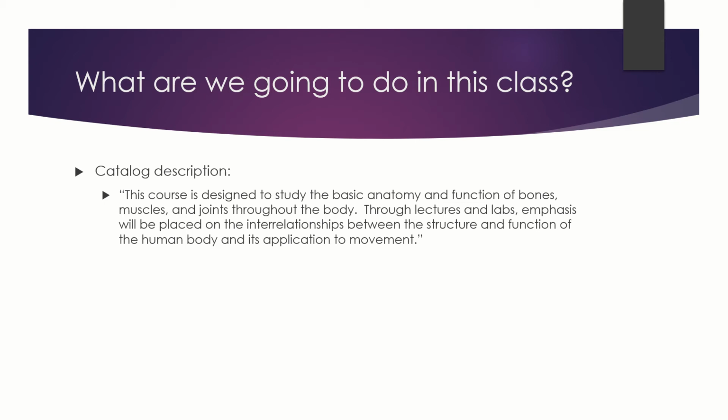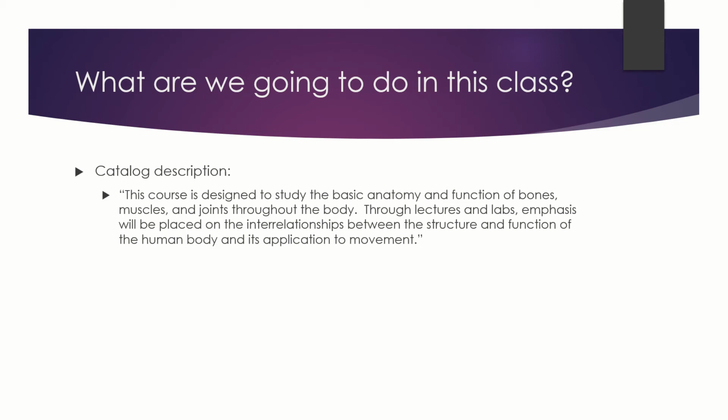So for example, we're going to talk about the basic structure of muscles. We'll talk about the whole muscle and then eventually work our way down to the muscle cell. We'll talk about how they contract, how the nervous system interacts with them, and all of those kinds of things. Because when you get to 471, you will talk about how muscles adapt to strength training, for example, and that cascade of signals allows for muscle growth.